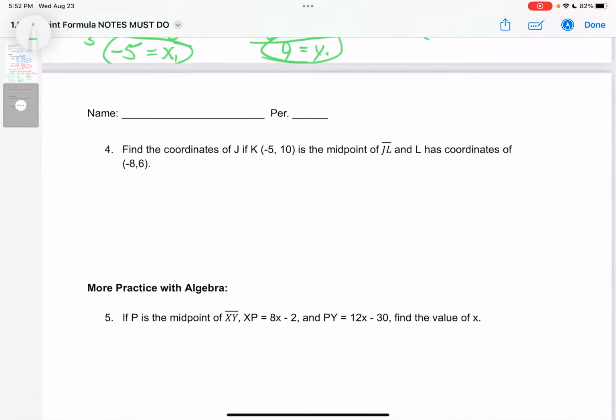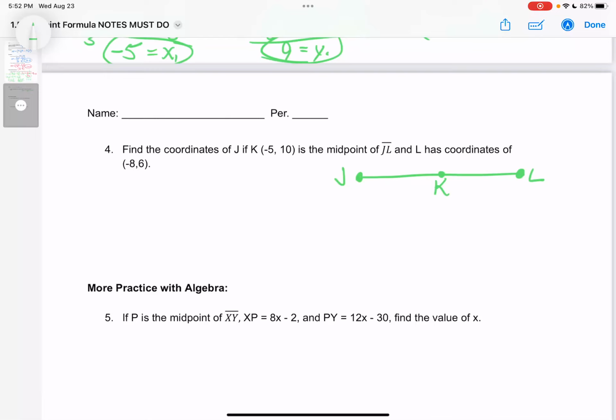So go ahead and do this one, and then you can come and check your answer with me, the next one, to see if we've got it. So it's, again, the midpoint. So we're finding the coordinates of J, missing endpoint. If we've got JL, and K is right here.